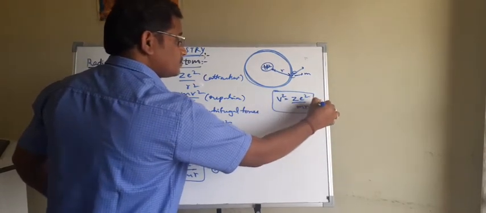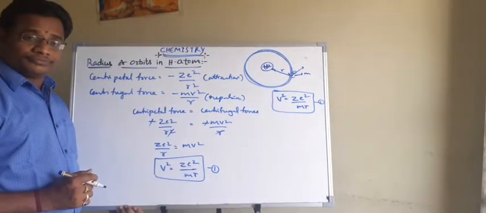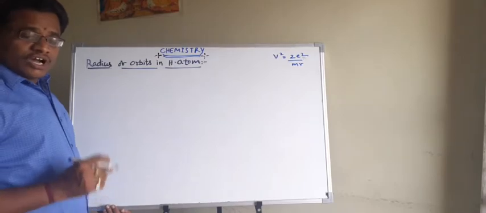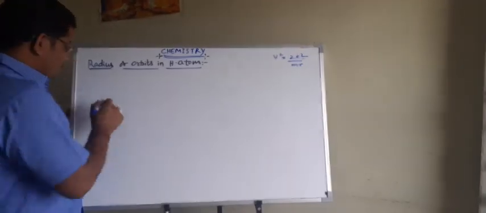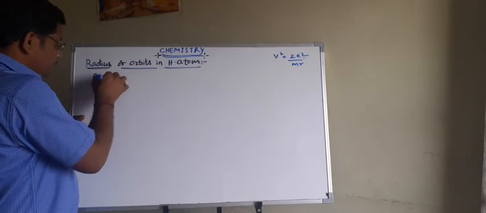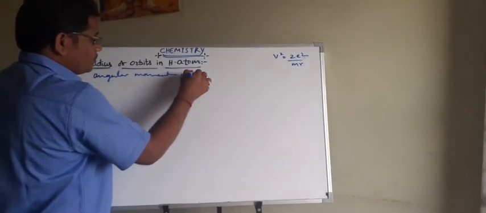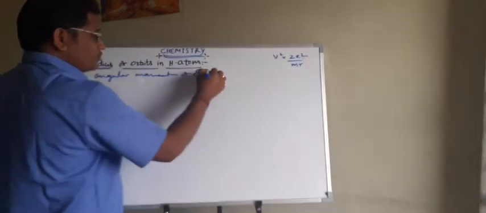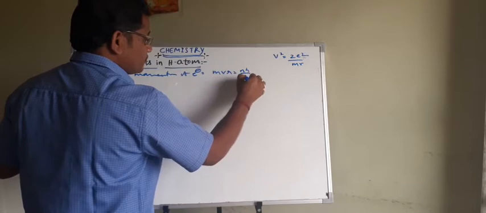Next is the angular momentum of the hydrogen atom. According to Bohr's atomic model, the angular momentum of the electron in the orbit is equal to mvr is equal to nh by 2 pi.